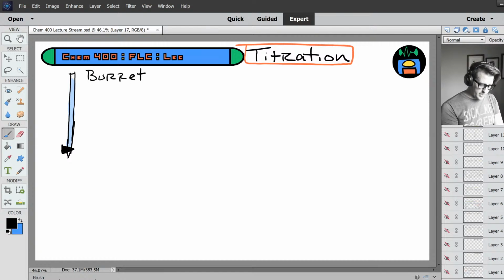It drains from the bottom, and it's filled with your titrant. Your titrant is your solution of known concentration.